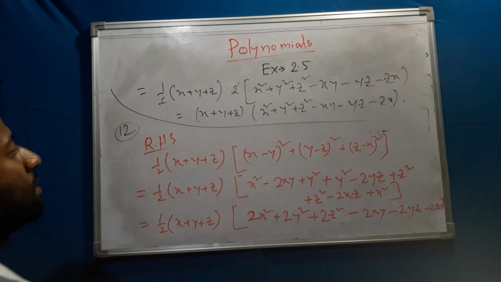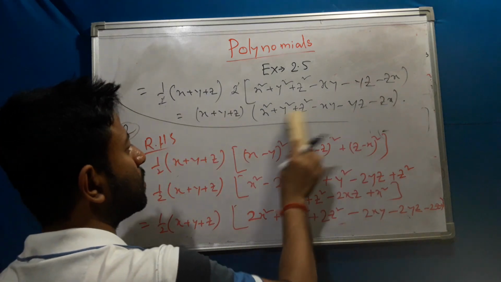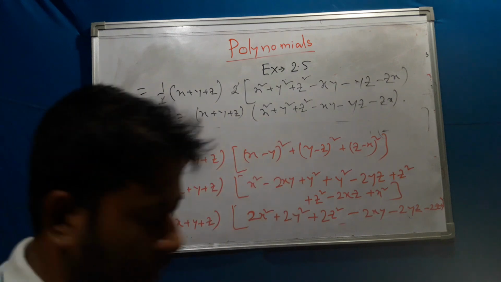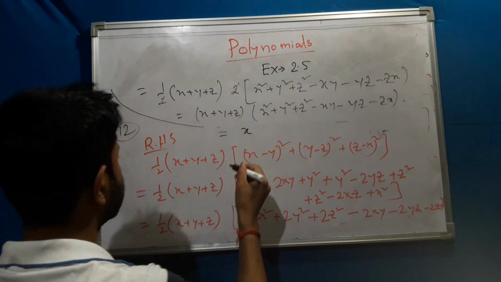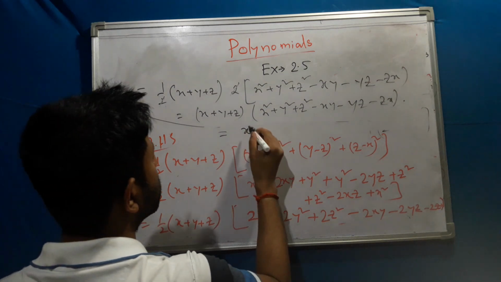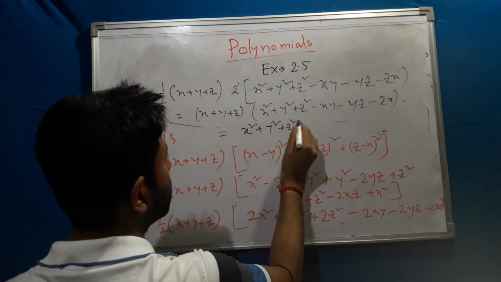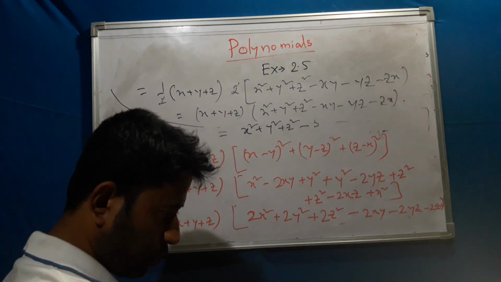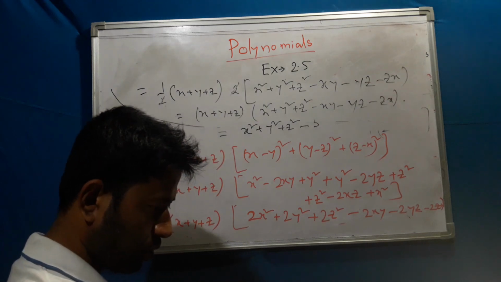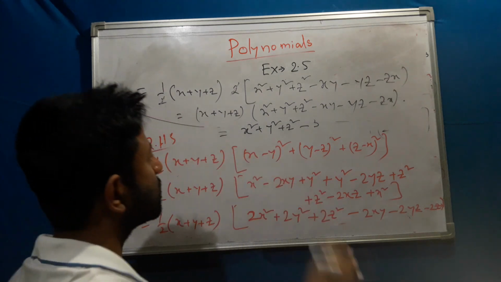So what is this? This is exactly one formula. Which formula is this one? This is the formula of x square plus y square plus z square minus... sorry, mistake.